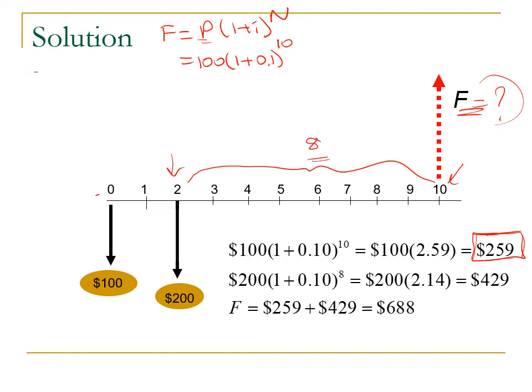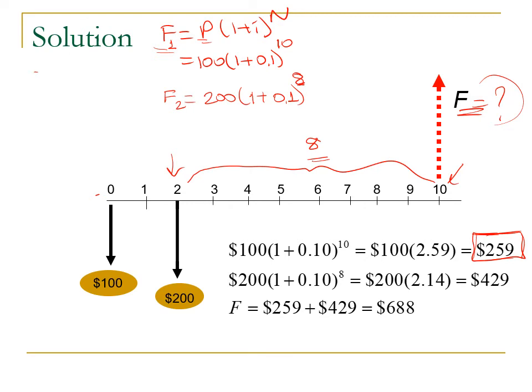So it means that, let me write this as F1, the future value of the first cash flow, and F2, let this be the future value of the second cash flow, okay, which is 200 times 1 plus the interest rate. Interest rate is constant all over the time. Now, the number of periods, it's not 10, but it's 8.